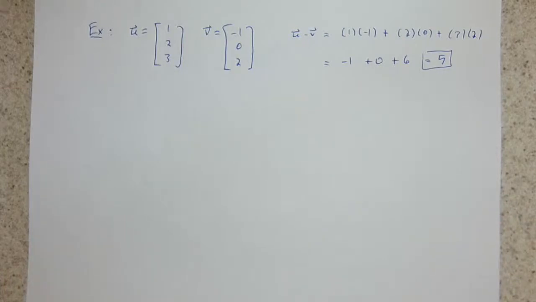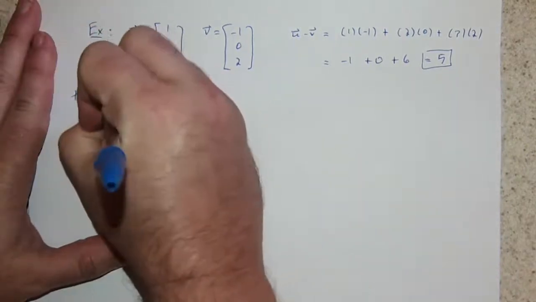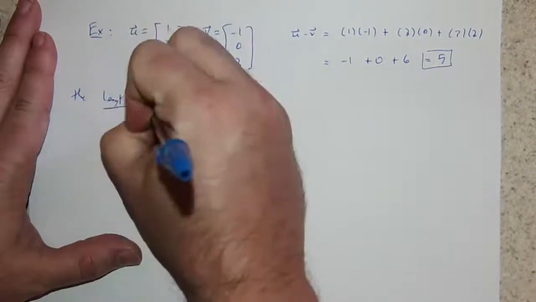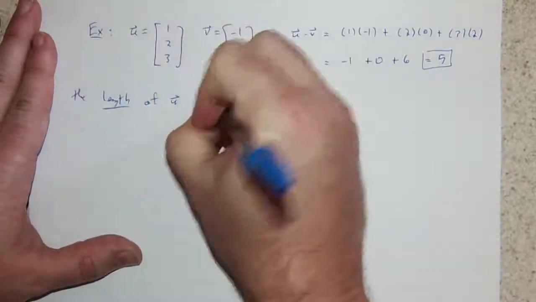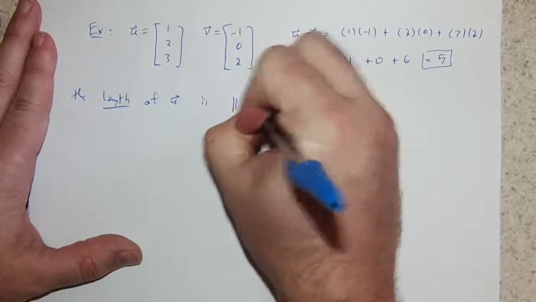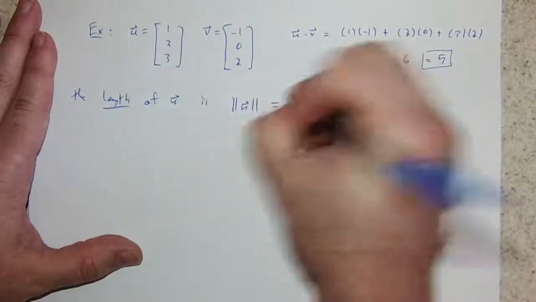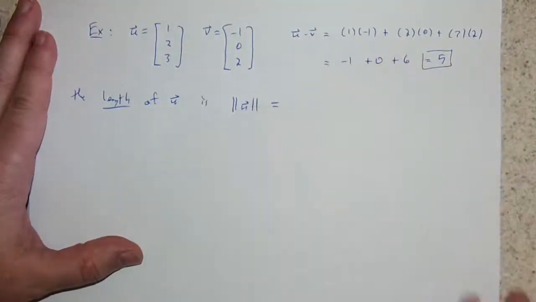Now you might say, what does the dot product tell me? We won't get too far into that right now. You might remember that the dot product is related to distance, the length of a vector. The length of u, you can take this as a definition. This also comes from the Pythagorean theorem or the distance formula.